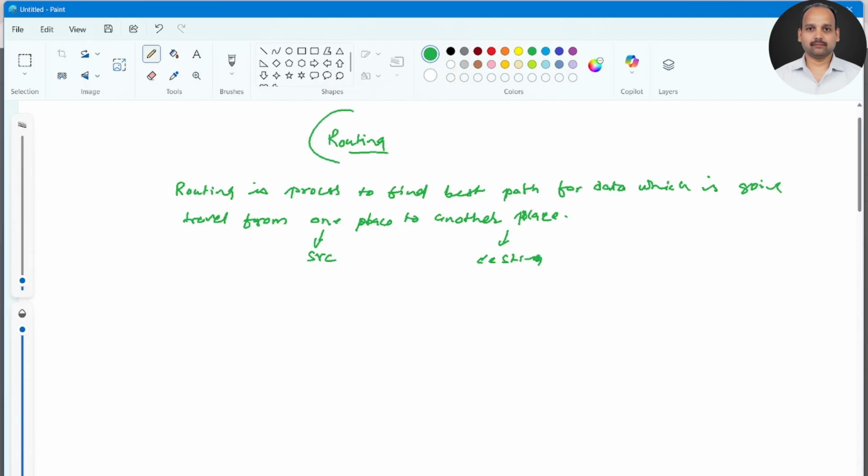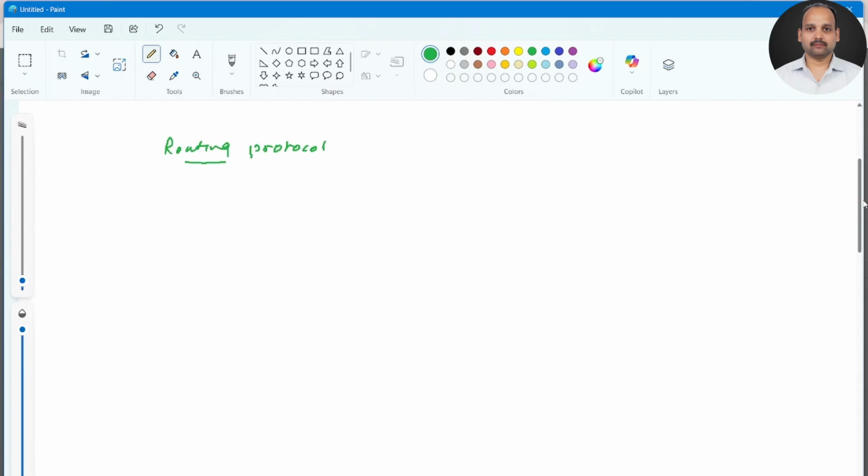So for the routing process, we are using the routing protocol. So there are types of routing protocols. So we learn about the routing protocols. By method, routing protocols divide into four parts.